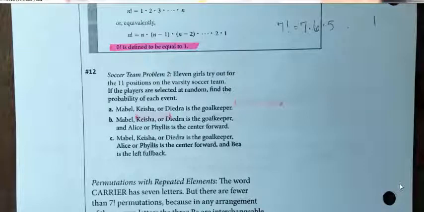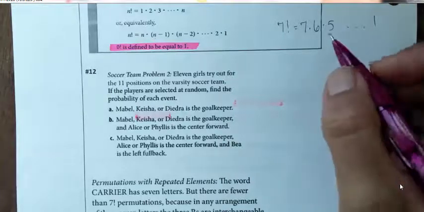All right, so let's do number 12 from your textbook. This is soccer team problem 2. 11 girls try out for the 11 positions on the varsity soccer team. If the players are selected at random, find the probability of each event. So now we want the favorable over the total number of outcomes.